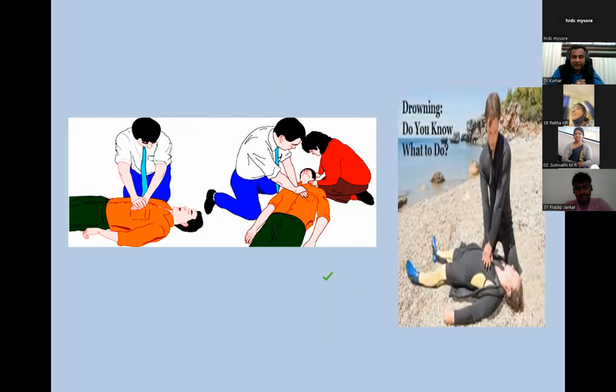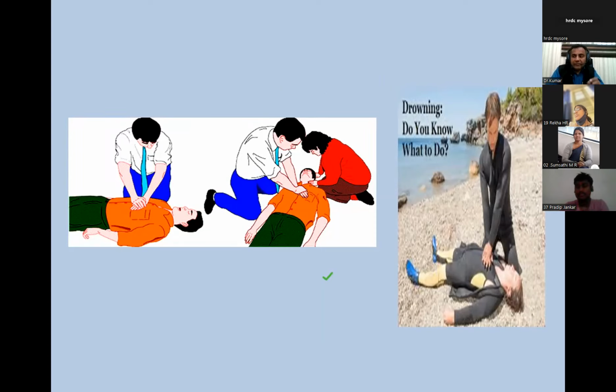We call it cardiac compression, the method of which we have not yet discussed, and we are going to discuss now how to perform CPR. You need to have knowledge regarding that also. Please remember the proper method of CPR and don't hesitate to come forward and provide CPR in such an emergency.